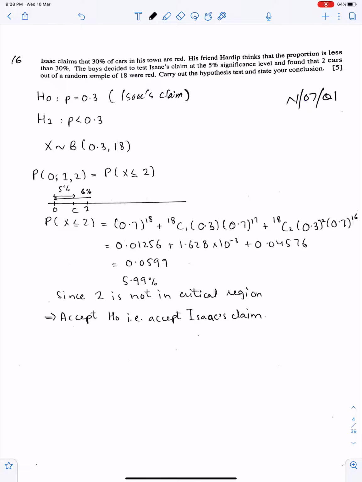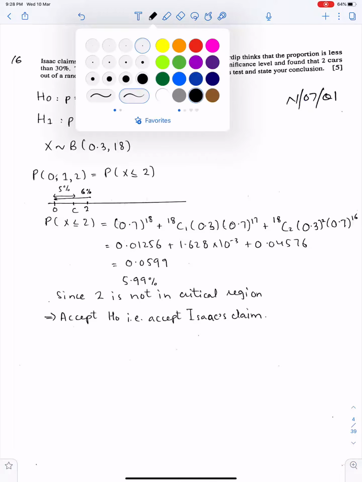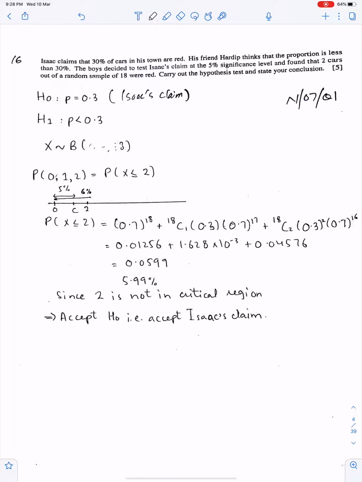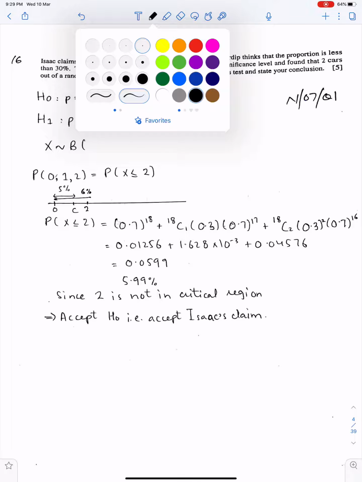So this is the binomial situation, with n 18 and p is 0.3.